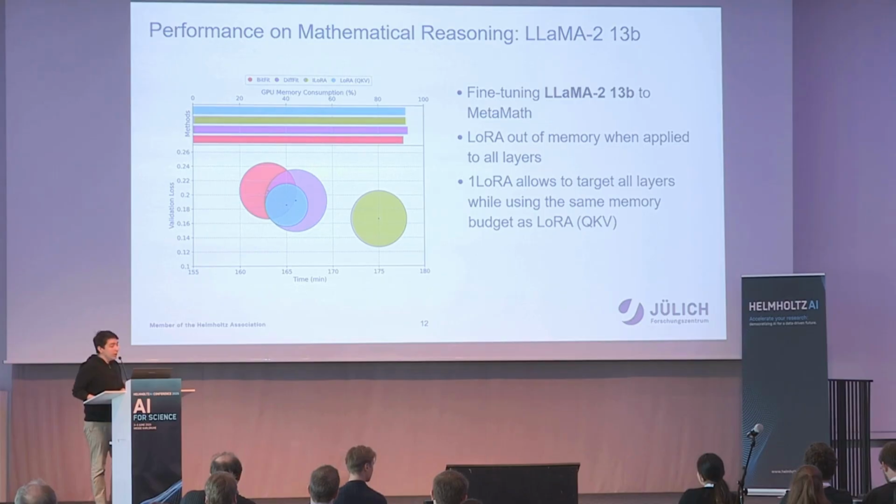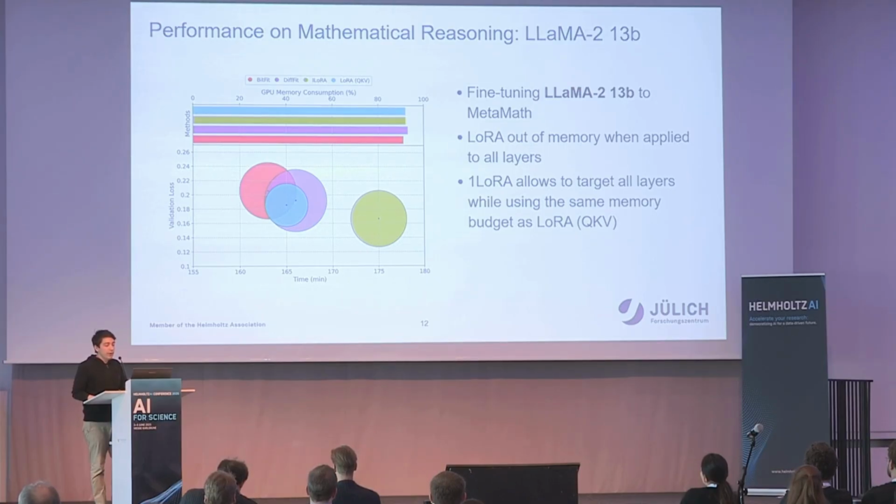And yeah, we can of course still compute these methods, but we need to target a subset of parameters. In this case, I show this in the light blue bubble. This LoRA QKV means it's only applied to attention layers, so QKV. And yeah, the parameter count is smaller because it's a subset, but it still uses the same amount of memory as we do.